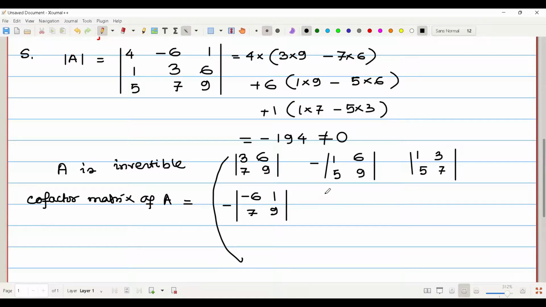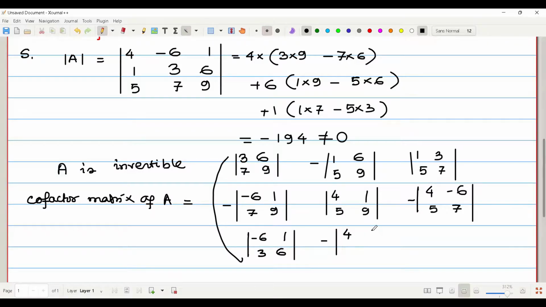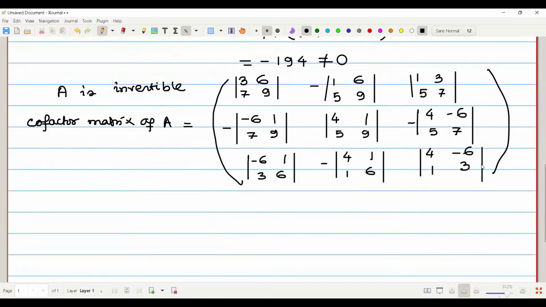That is 4, 1, 5, 9, then minus 4, minus 6, 5, 7, and here minus 6, 1, 3, 6, then minus 4, 1, 1, 6, and that should be 4, minus 6, 1, and 3. So that is our cofactor matrix.